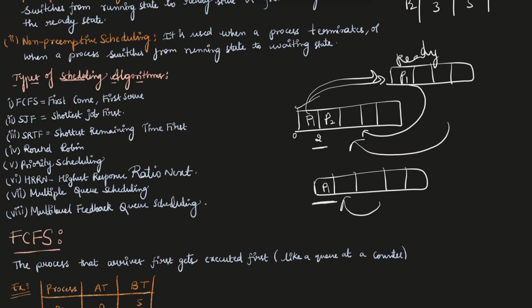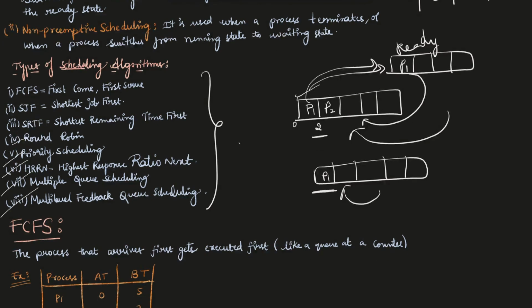The first one is FCFS, first come first serve. Second is SJF, shortest job first. Next is SRTF, then round robin, priority scheduling, HRRN, that is highest response ratio next, and then multiple queue scheduling and multi-level feedback queue scheduling. So these are all the different types of scheduling algorithms.